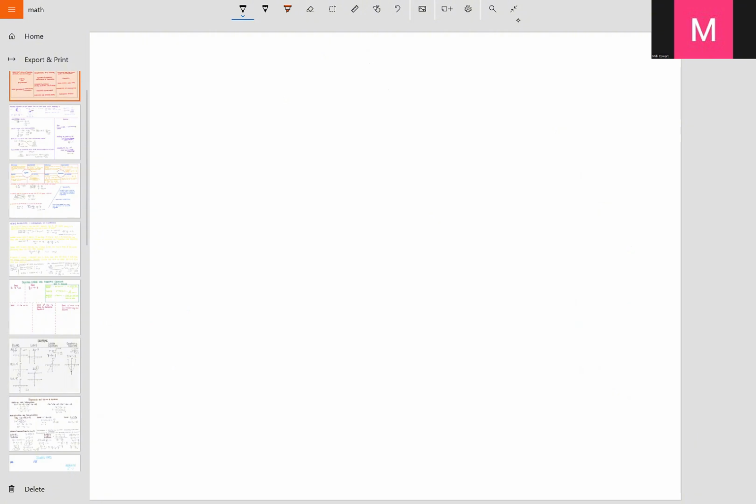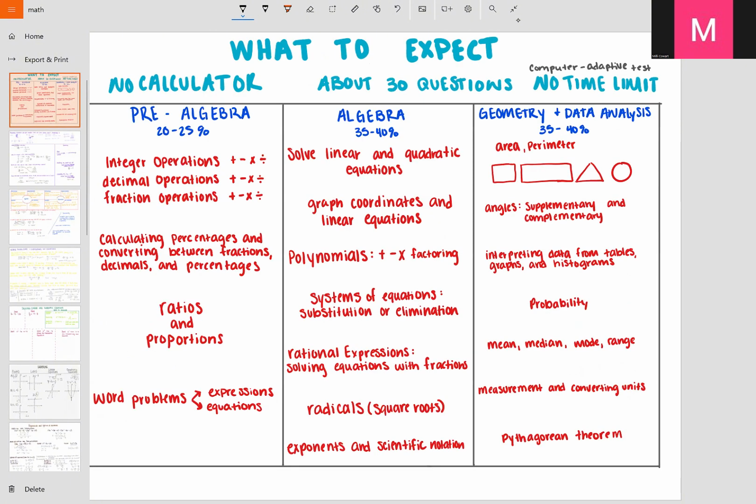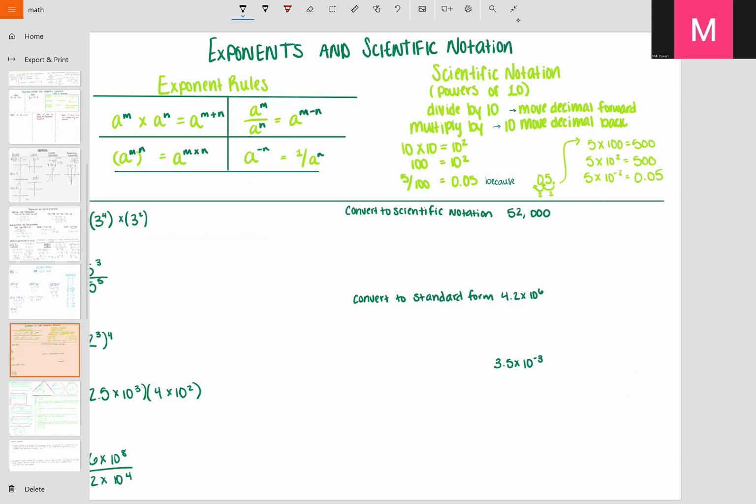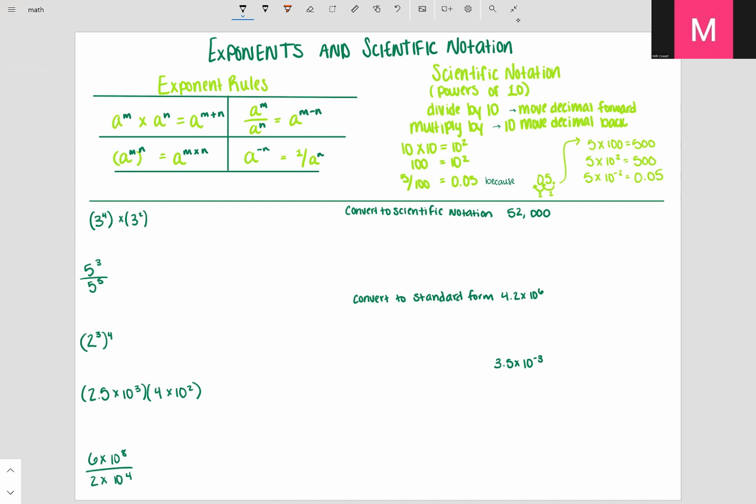And last, for this section, we can look at exponents and scientific notation. So up here to the left, we have our exponent rules. When we're multiplying two numbers that are the same, raised to an exponent, you add the exponents.